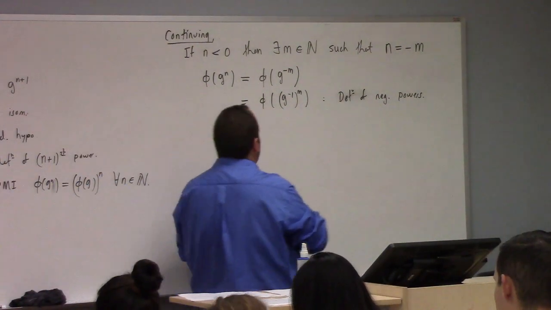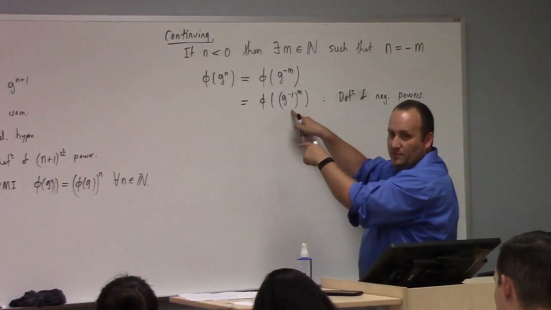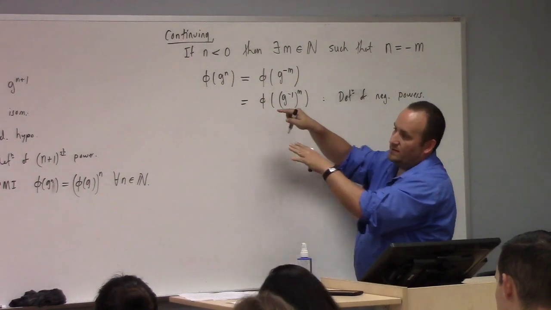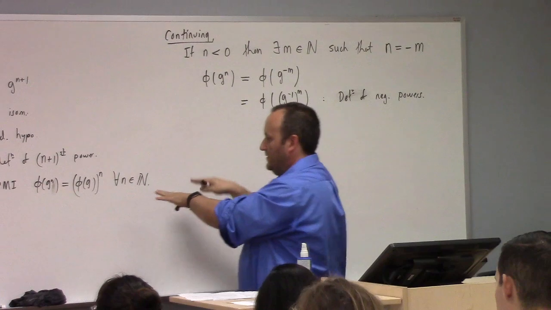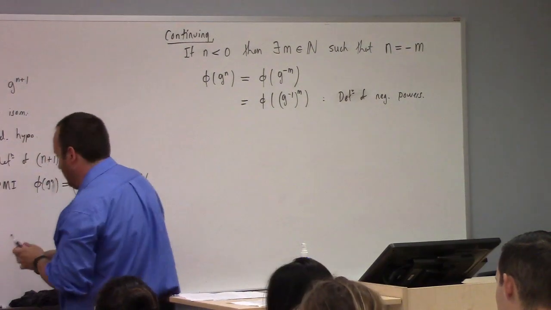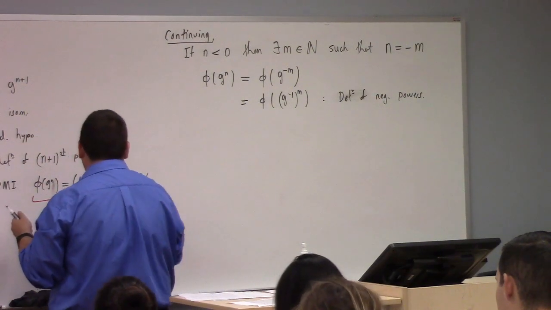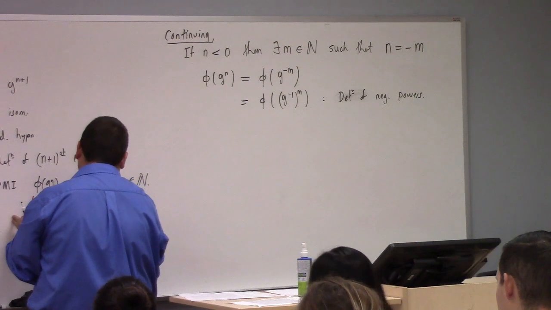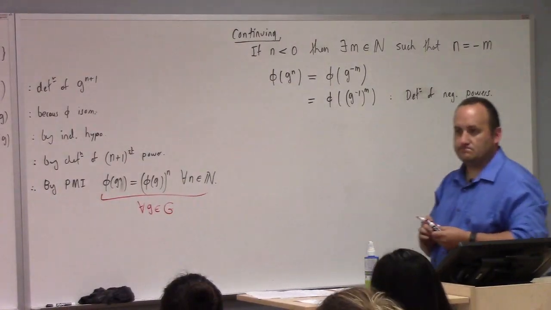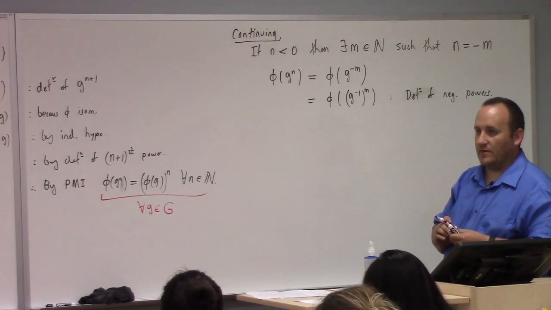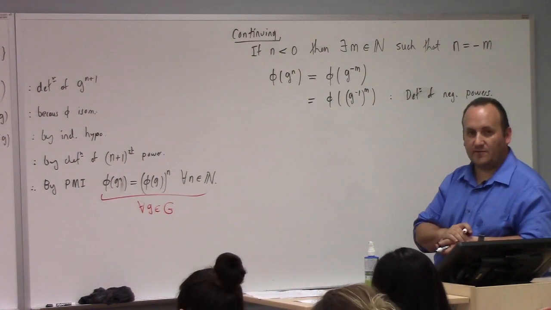Now, is g inverse in the group? Yes. Did the thing we do over here, is this true? I mean, to be more clear here, this is true for all g in G, right? Right, that we have proved for arbitrary g.